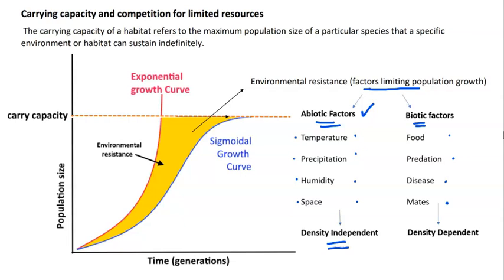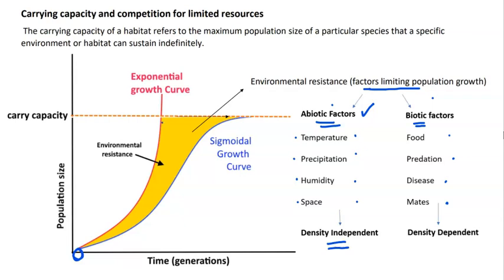When we introduce those and we follow population growth, again beginning with an initial colonizing population here, allowing the population to expand into the environment, it's a theoretical idea, but with abiotic and biotic factors operating, then we don't get exponential growth. We get what's called sigmoidal growth with this sigmoidal curve here.